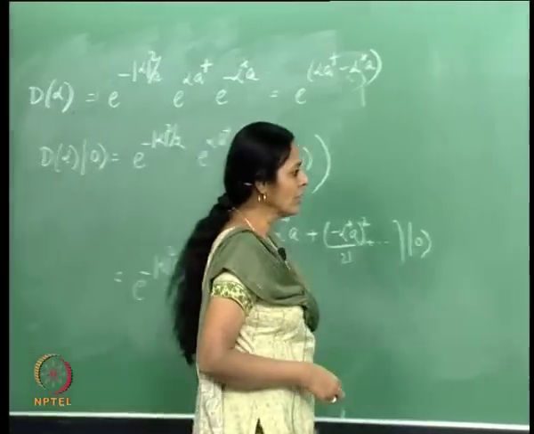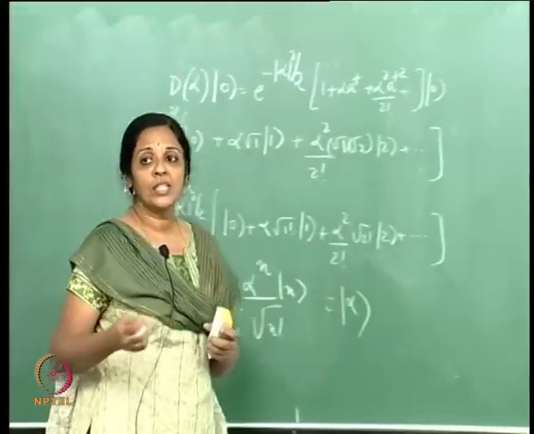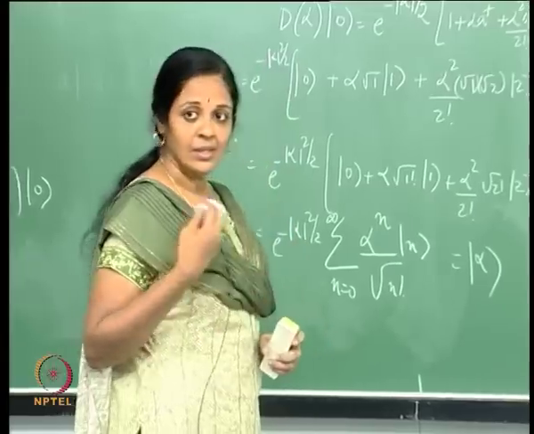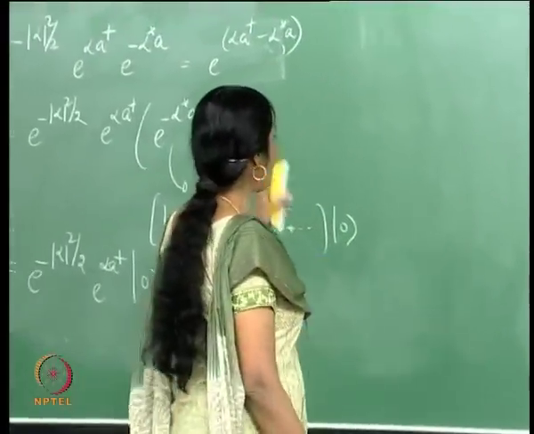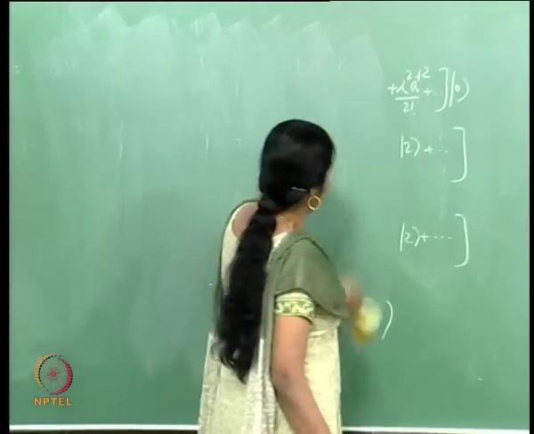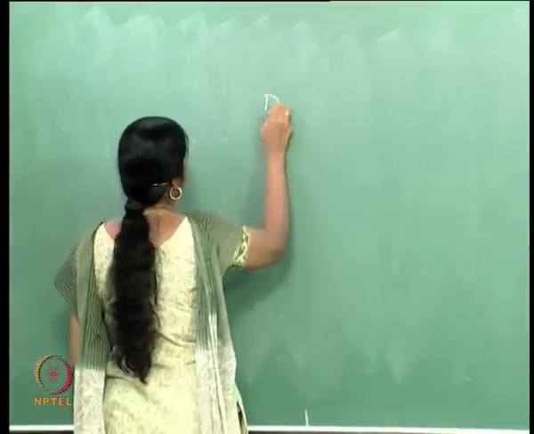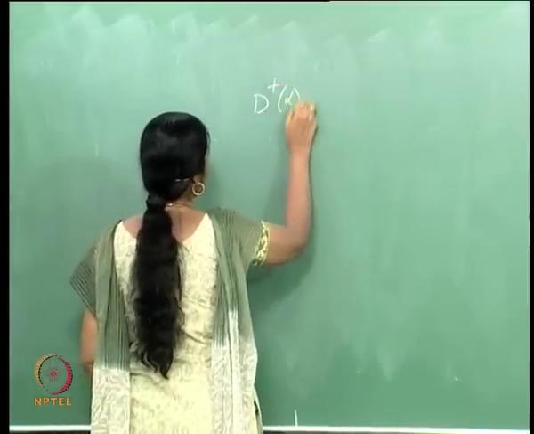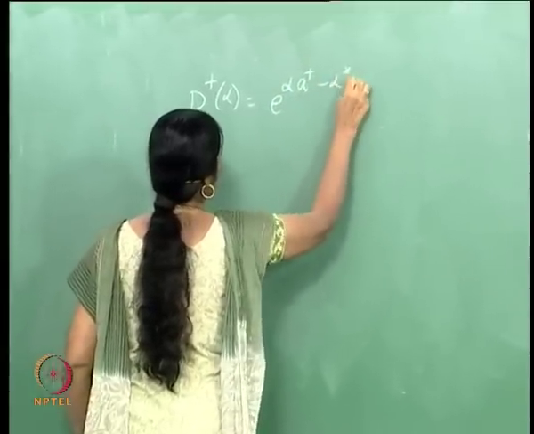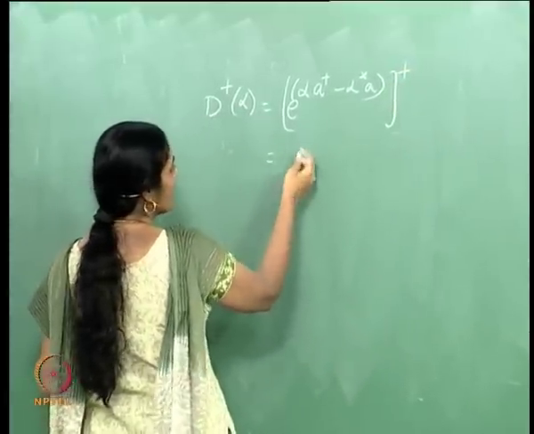What I have shown is that the displacement operator acting on ket 0 gives me ket alpha as the resultant state. It is obvious that the displacement operator is a unitary operator. Because d dagger of alpha is e to the alpha a dagger minus alpha star a, all daggered, and I could have done this term by term.